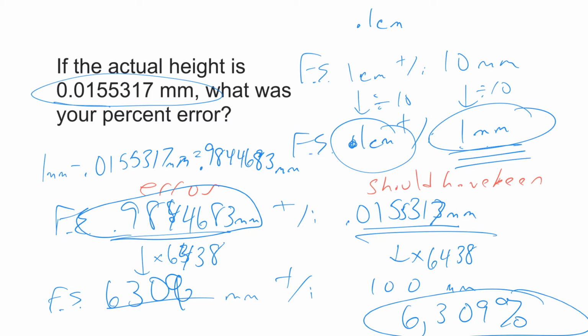Your numbers are going to be a lot better than that, I would think. Okay, and the last question here says, if you think about the aluminum foil, you've got a length and a width, and a really thin height.